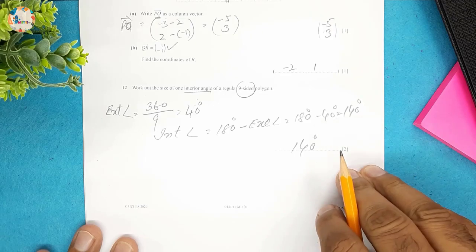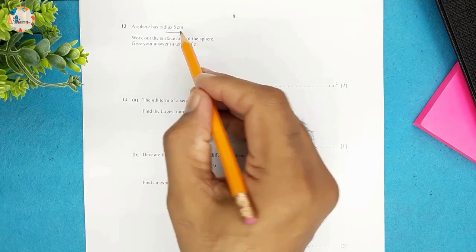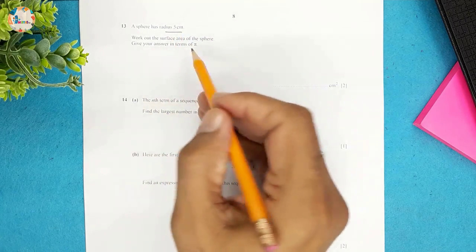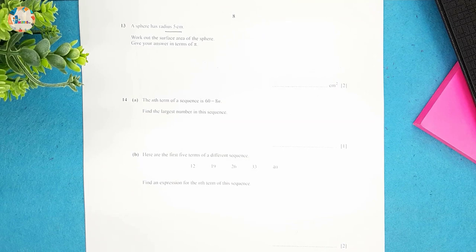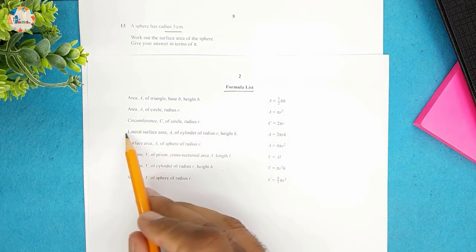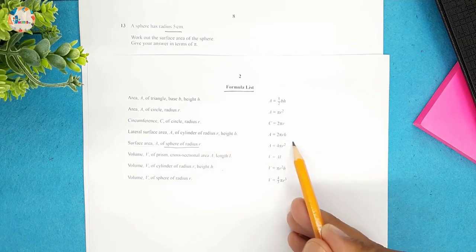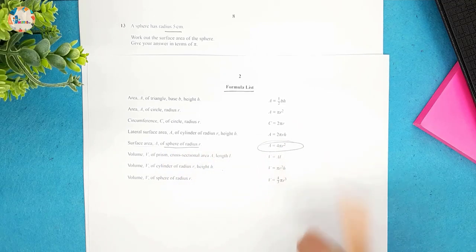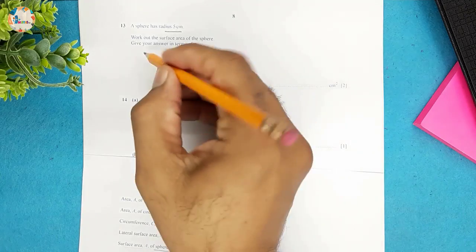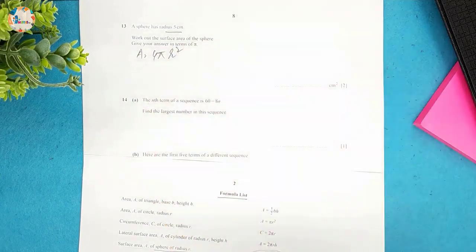Hopefully you understand this. Then question number 13: a sphere has radius 5. Work out the surface area of the sphere. Give your answer in terms of pi. For this question we use the formula list which we are provided with. Surface area of a sphere with radius r is 4 pi r squared.